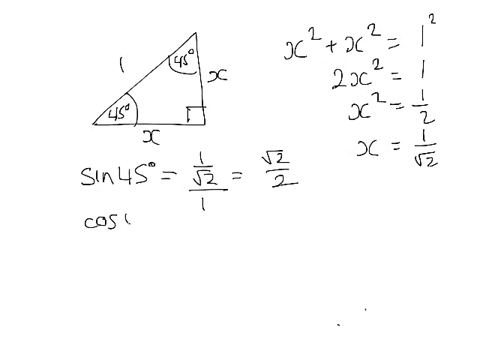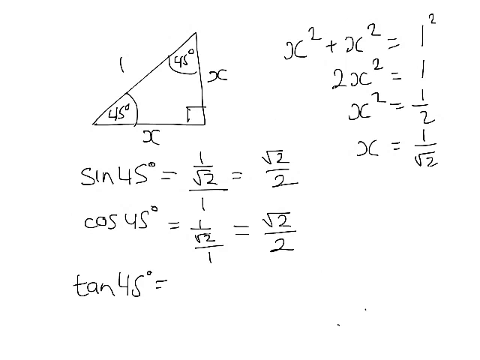Similarly, cos of 45 degrees is going to be our adjacent side, which again is 1 over root 2, divided by 1, which gives us the same as sine of 45, root 2 over 2. And tan of 45 degrees is going to be our opposite side, 1 over root 2, divided by our adjacent side, 1 over root 2, which is just equal to 1.